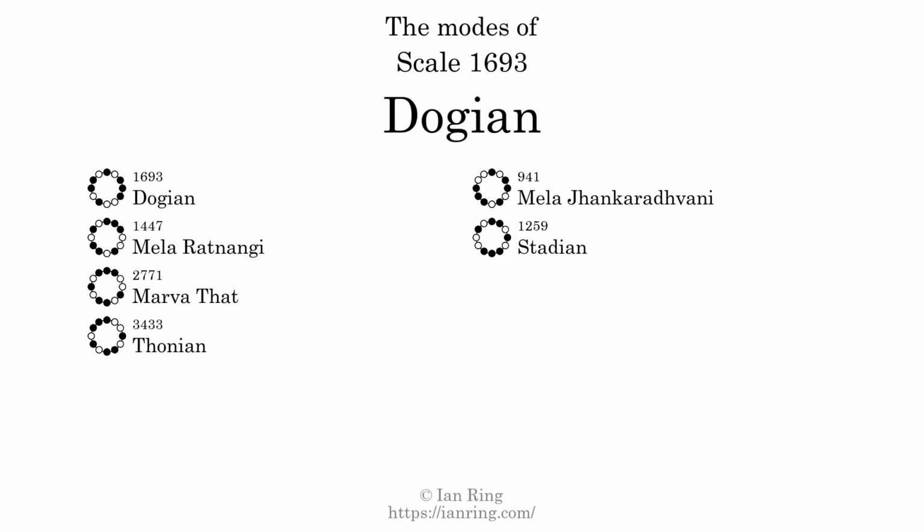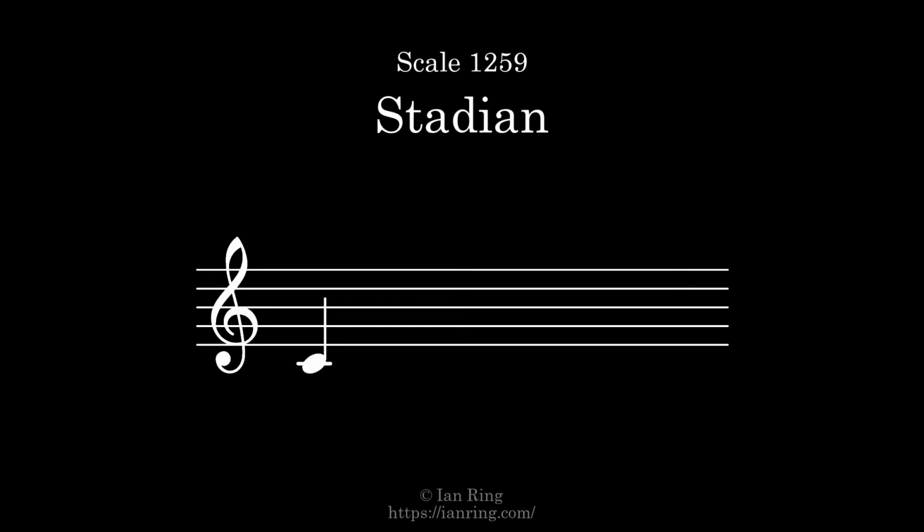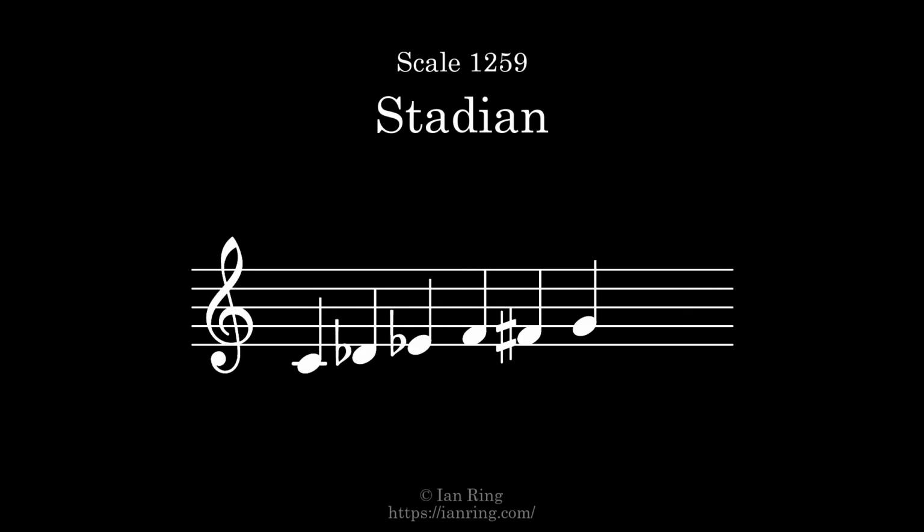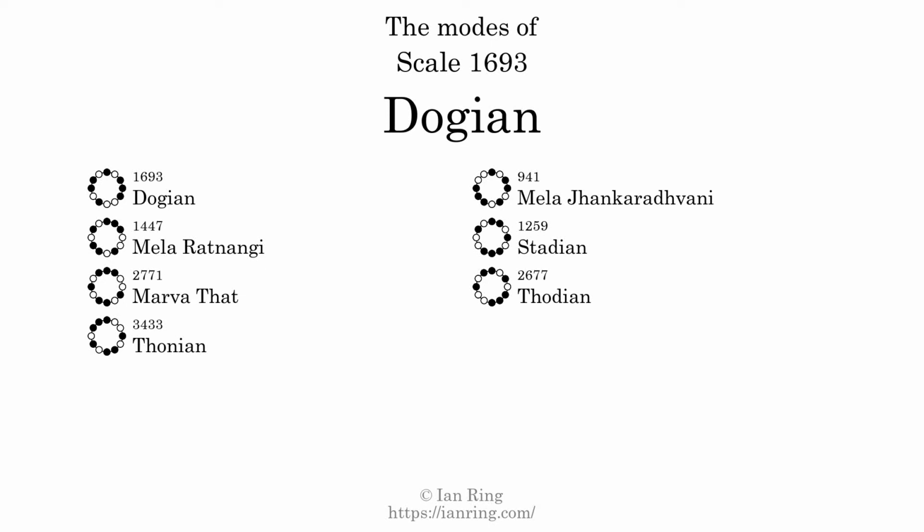The sixth mode is scale 1259, also known as Stadion. It sounds like this. The seventh and last mode is scale 2677, also known as Thodian. It sounds like this.